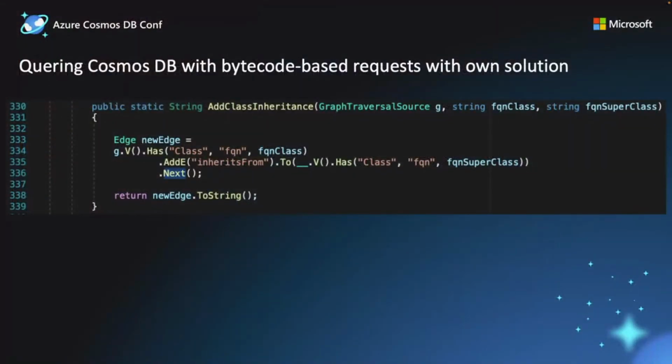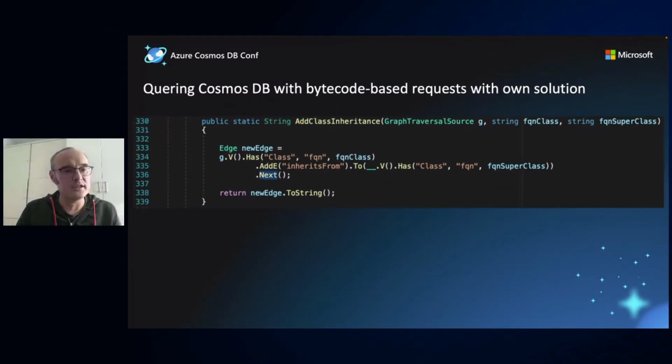So first, an example of how the bytecode-based approach should look. In this example, I'm creating a new edge between two nodes or vertices, which represent classes. So I have a fully qualified name.